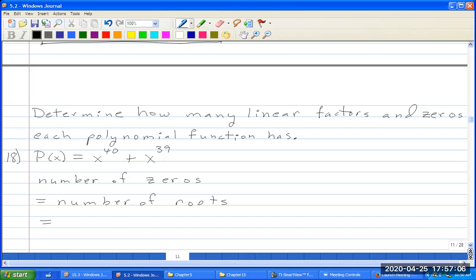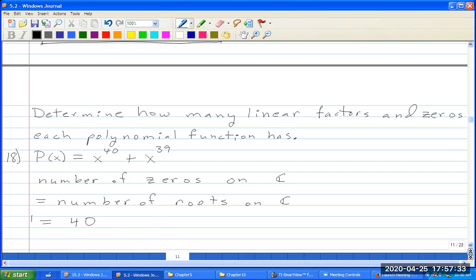So for the number of zeros, let's first do this on C. So let's do the complex zeros. The complex zeros, well, that's the number of roots, which in this case is 40.